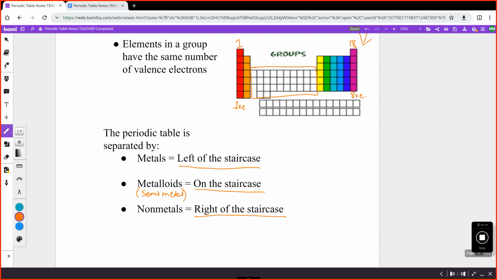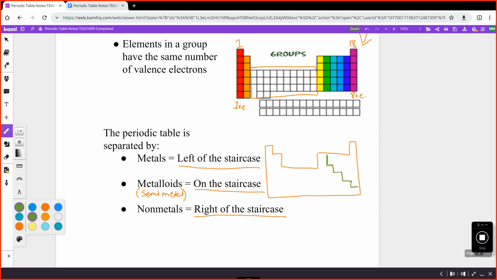What I mean when I say the staircase is, on the periodic table, somewhere off to the right, I'm just going to draw you a little sketch here. Somewhere off to the way right, you're going to see this little staircase. This being the staircase. Every periodic table typically has it bolded or outlined in some way.